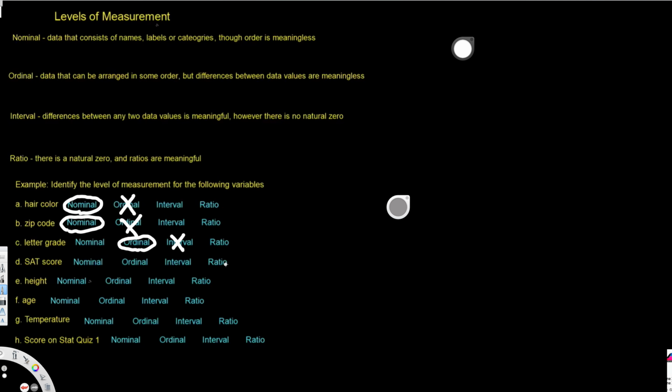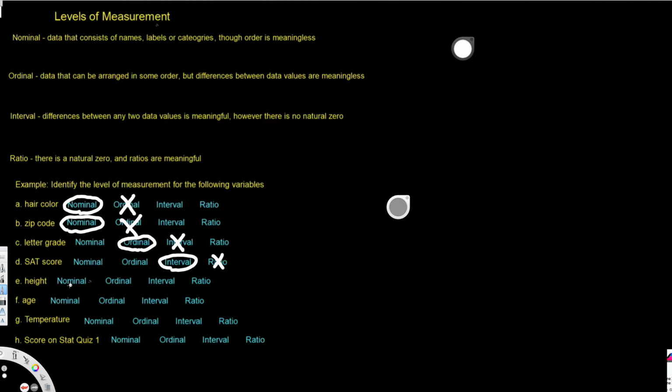And ratio requires a natural zero, and there is no natural zero for SAT score. And IQ is also the same thing. You cannot say someone has zero IQ, right? Because zero does not represent that the person doesn't have any intelligence, right? So this is not ratio. So this is going to be interval, right? Stop at interval.